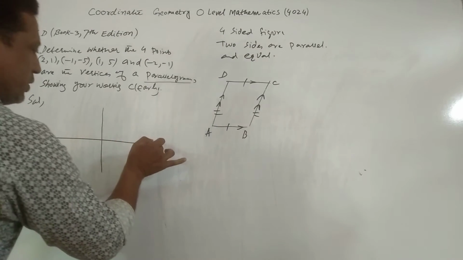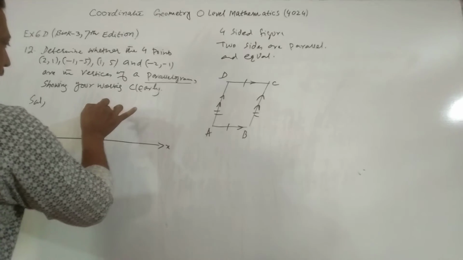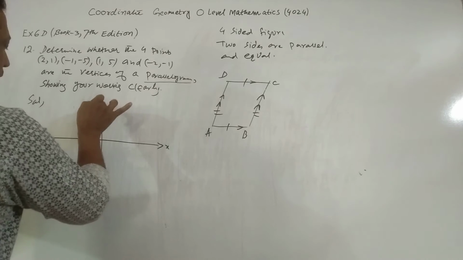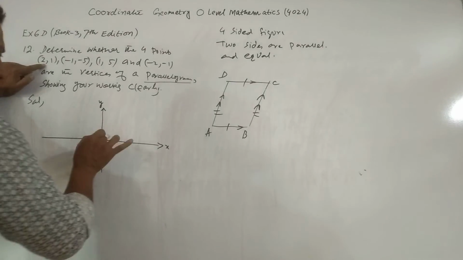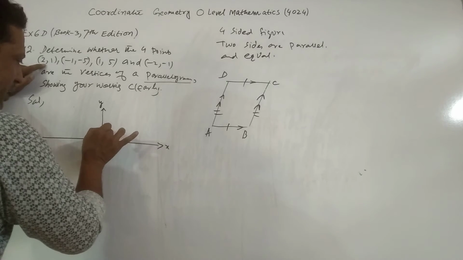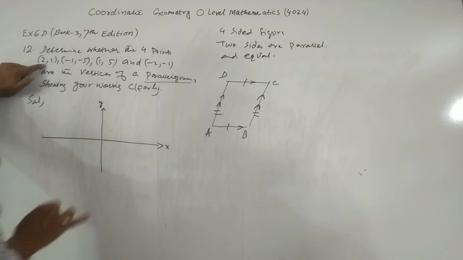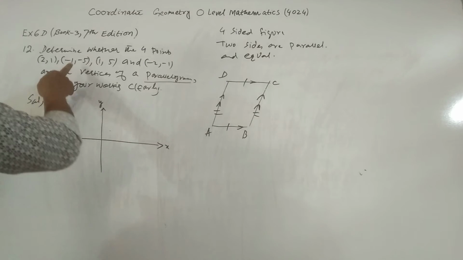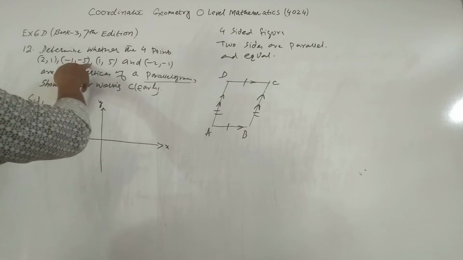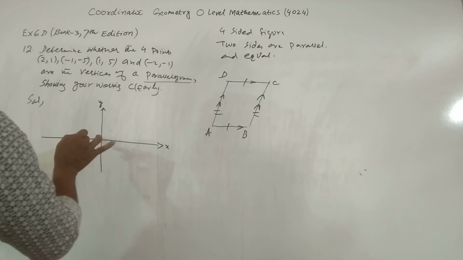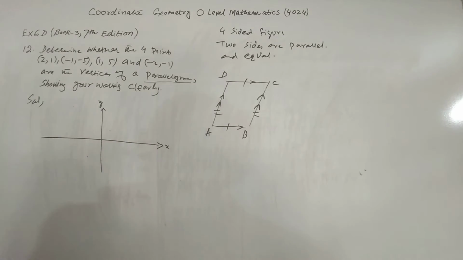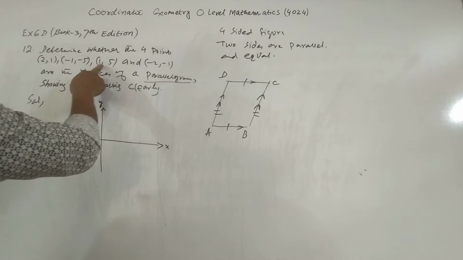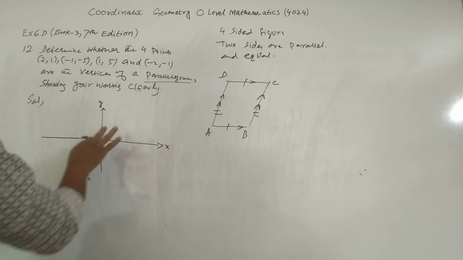Okay, so this is the x-axis, for example, and this is the y-axis. This is (2, 1). Obviously (2, 1) lies on this side. This is (-1, -5). This is (1, 5).